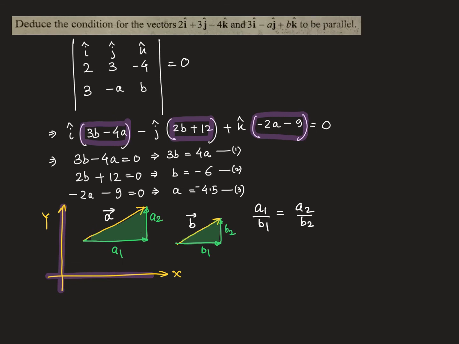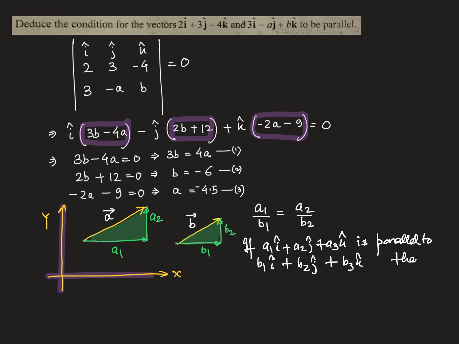So I'll write it there: if vector a1 i cap plus a2 j cap plus a3 k cap is parallel to b1 i cap plus b2 j cap plus b3 k cap, then a1 by b1 equal to a2 by b2 equal to a3 by b3. That has to hold.